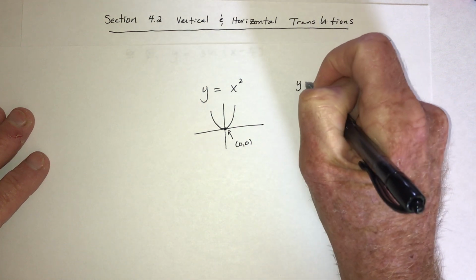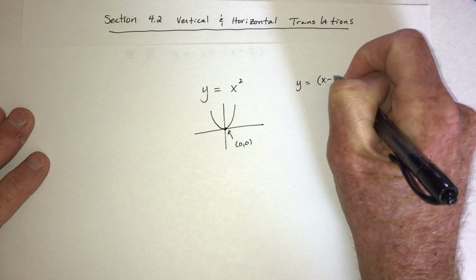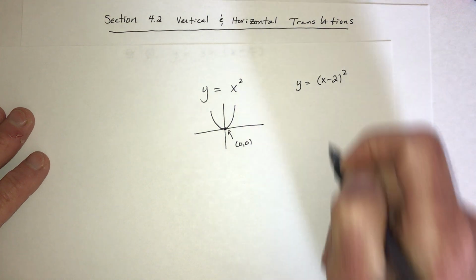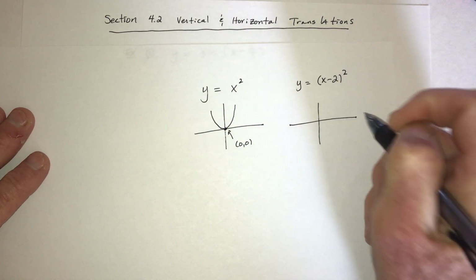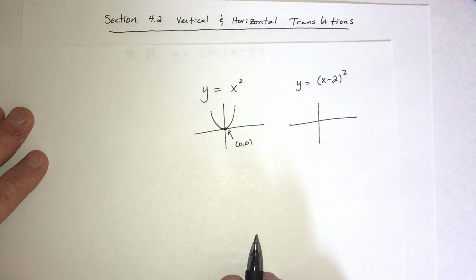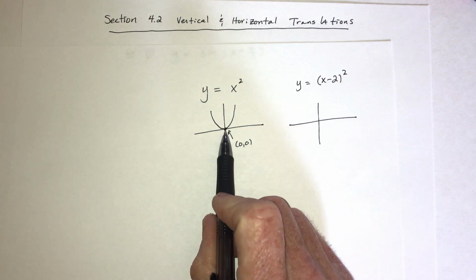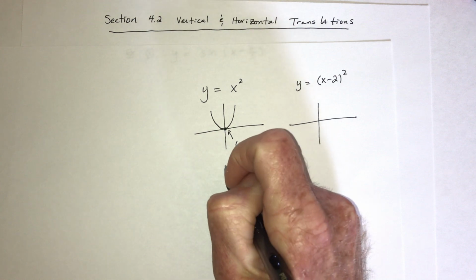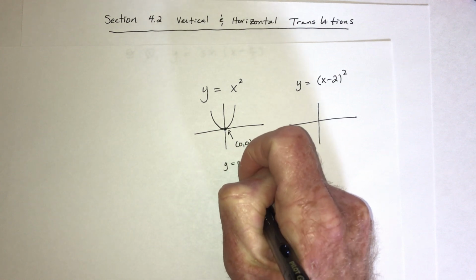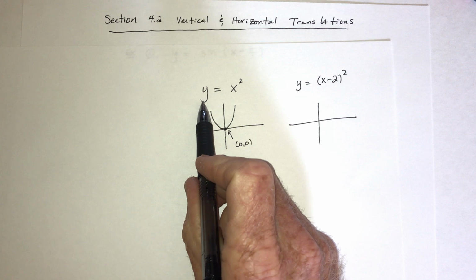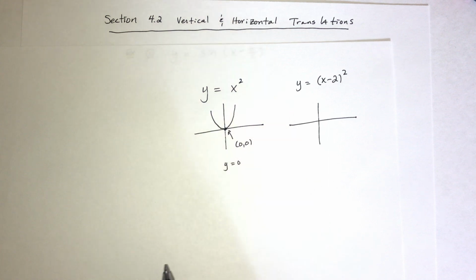Okay, then what about x minus 2 squared? So since it says minus, it seems like it should shift to the left. Well, where's the vertex? For this one, the vertex is at 0, 0. That means that the y value equals 0. And if you plug in that right here, then you'll find out that x equals 0.